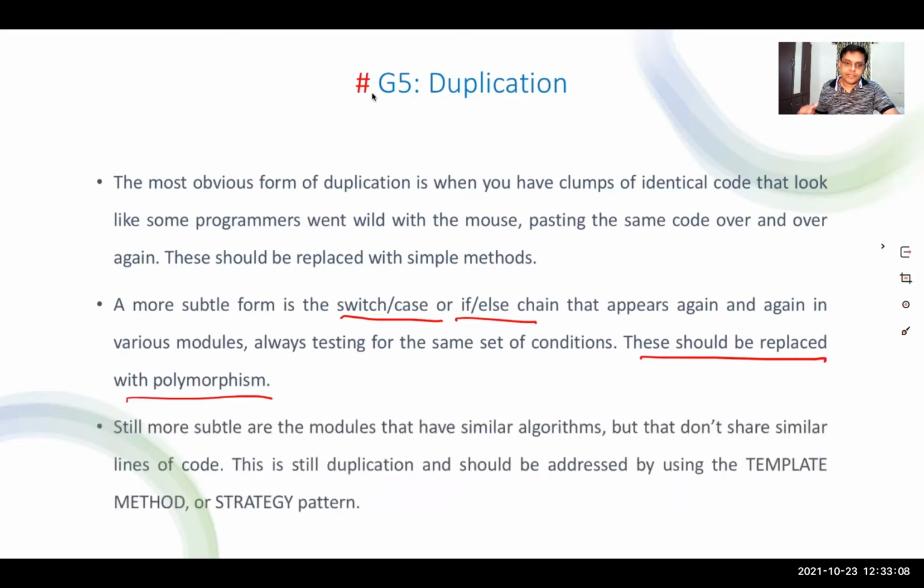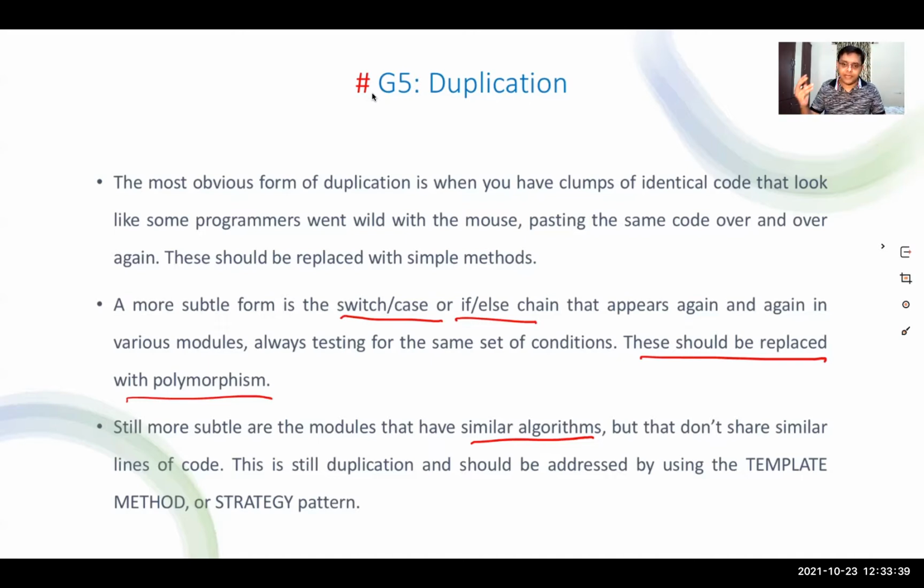And some more modules have similar algorithms, but they don't share them. One algorithm is well defined in some particular module, maybe by our team itself, and I want to reuse the same algorithm in some other module. So what I do is just duplicate it.